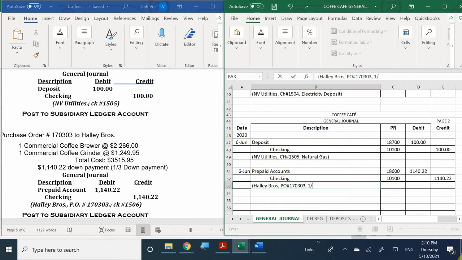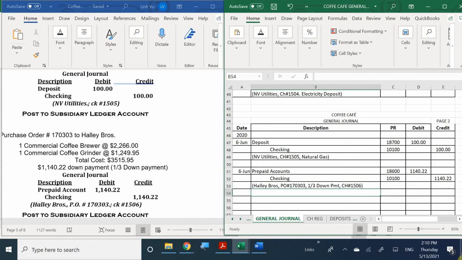And they required a 1/3 down payment. Okay. Which I associated with check number 1506. Right. Now, that is exactly what I've done.